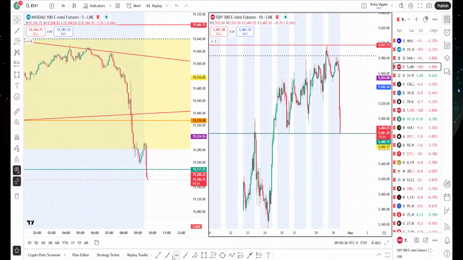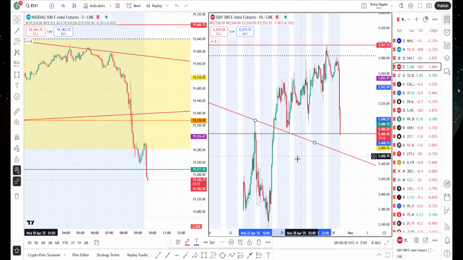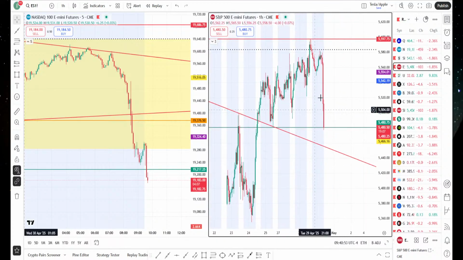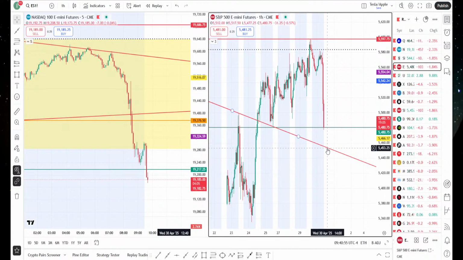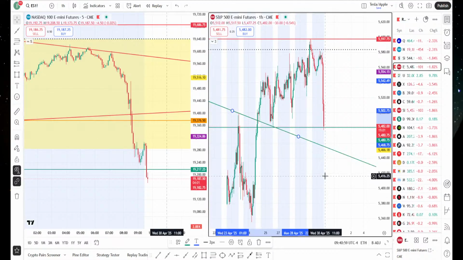Maybe there's one here. Why do I mark that one? Well, this one has 3 touch points. We have a touch point here, we have a touch point here, and we have a touch point here. And since we're coming down onto it, I'm gonna look at this as possible support. And we're past it.